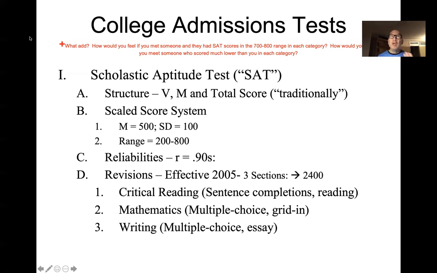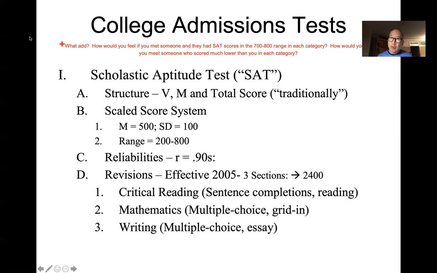Now, the scale score system for the SAT is such that the mean performance on the SAT is 500 with a standard deviation of 100, meaning that most people, 68%, perform between 400 and 600.